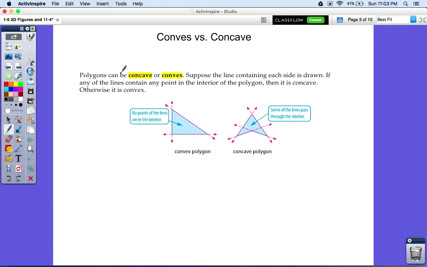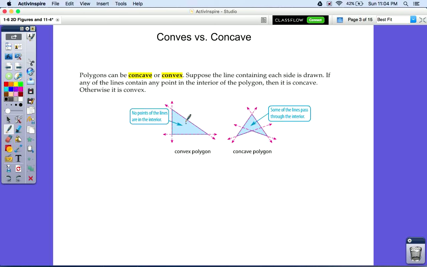Convex versus concave. Polygons can be concave or convex. To tell the difference, you're going to draw lines along each line segment, making them actual lines, meaning that they extend on in both directions infinitely. If those lines intersect the inside of the figure, then it is going to be considered concave.